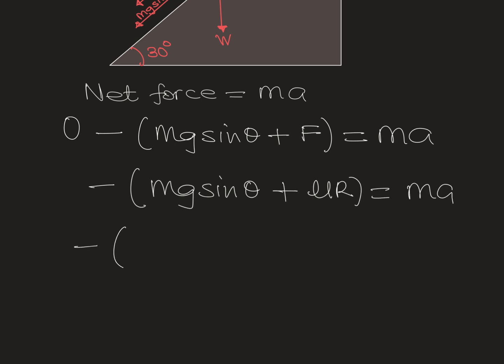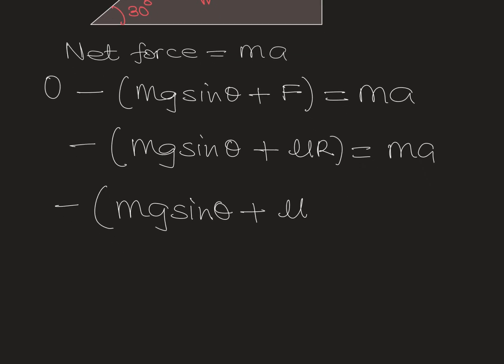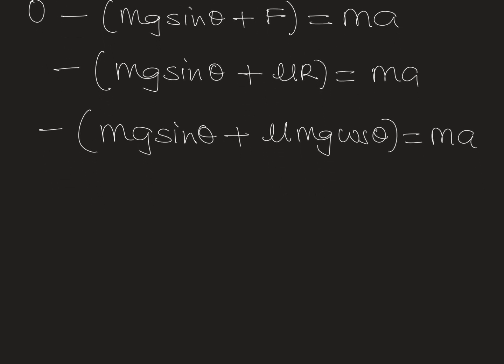So we're going to have minus mg sine theta plus mu R, where R is mg cos theta. So this is equal to ma. If we want, we can factorize m out.